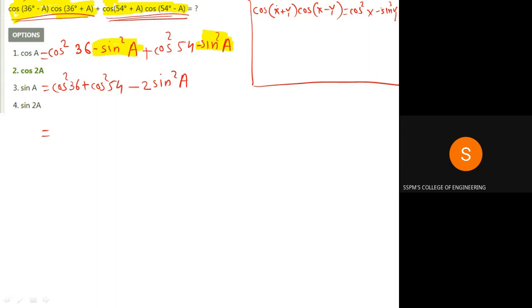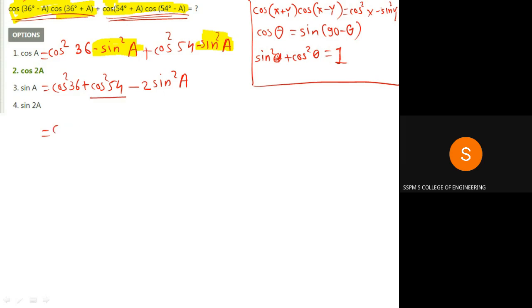You must have already learned that cos theta is equal to sin(90 minus theta), and the basic trigonometric identity: sin square theta plus cos square theta is equal to 1.